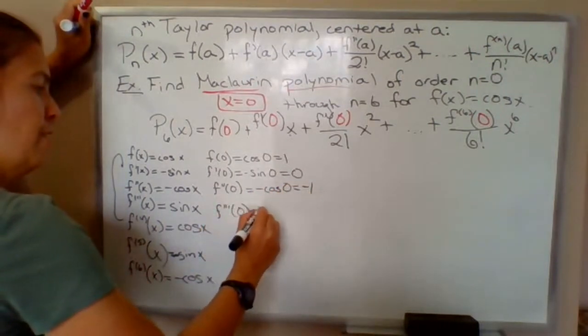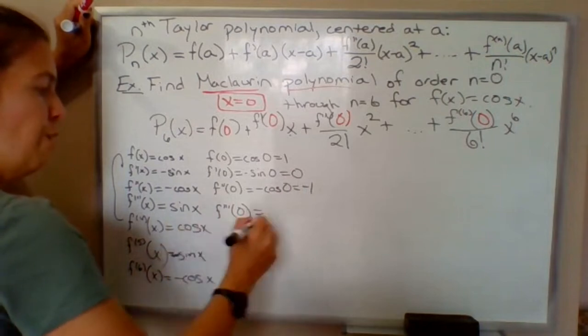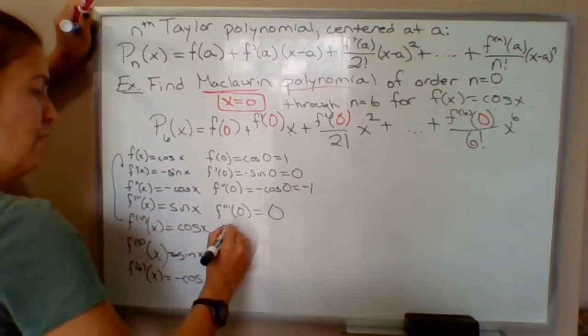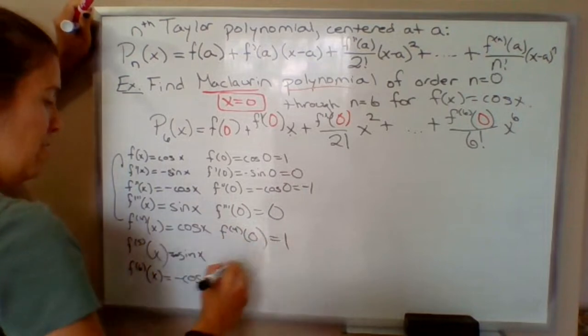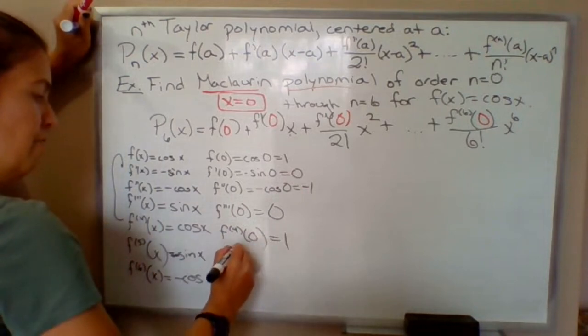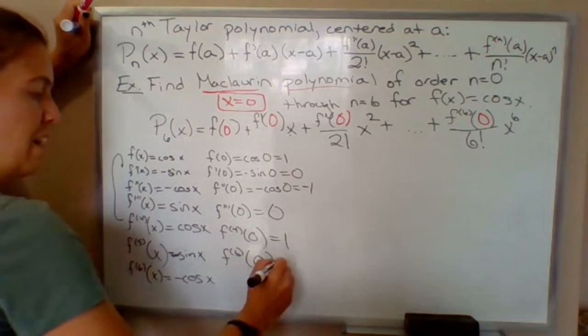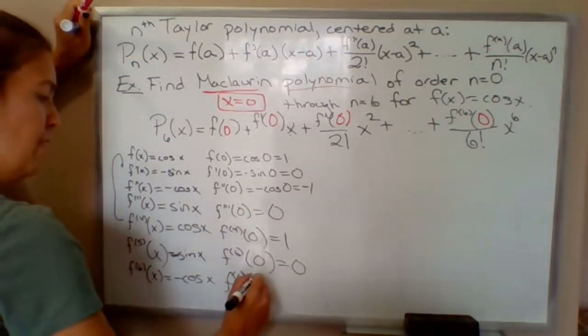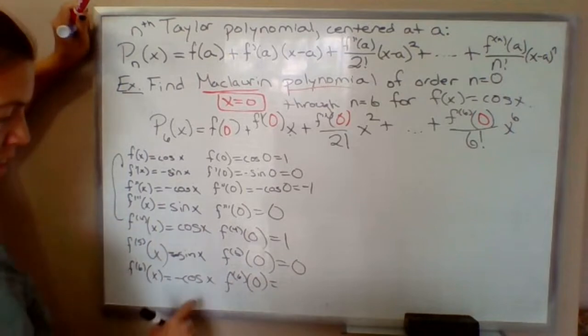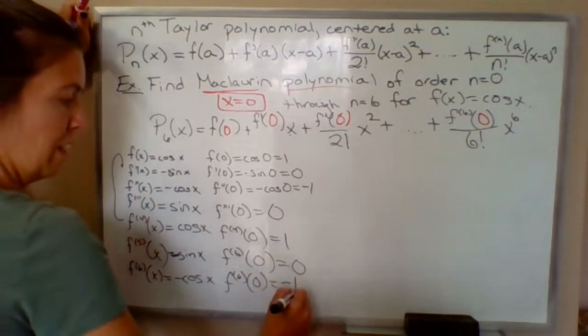Third derivative is sine of 0, which is 0. Fourth derivative is cosine of 0, which is 1. Fifth derivative at 0 is negative sine of 0, so that's 0. And sixth derivative will be negative cosine of 0, so -1.